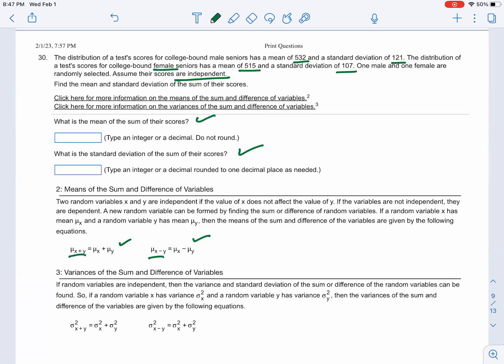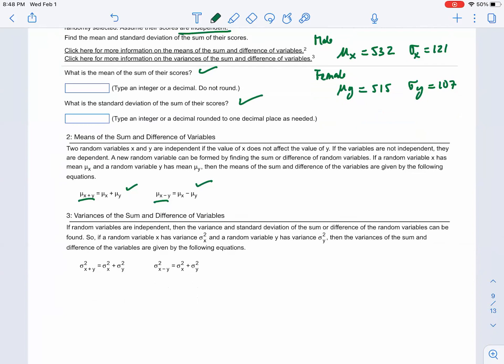So this is it. So let's say for the males, we're going to say mu X is 532. And the standard deviation is 121. That's for the males. For the female, mu Y is 515 and sigma Y is 107. So we're going to apply the formula for the mean here. It says the mean of the sum of their score.